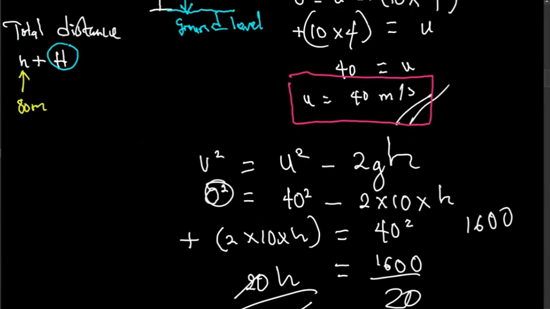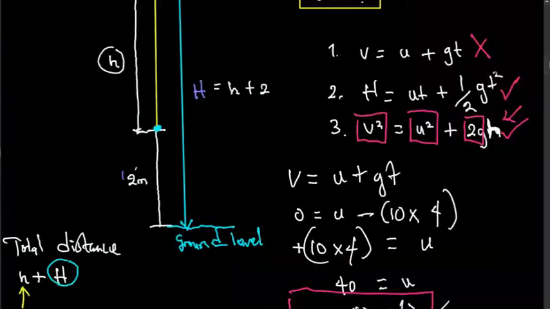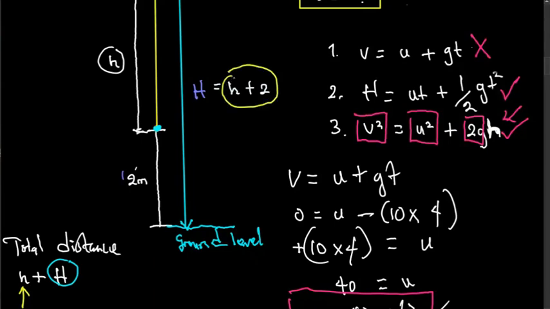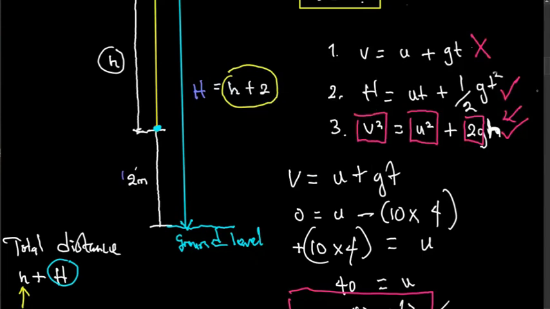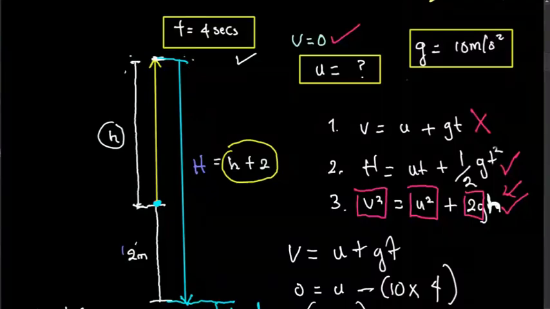What about capital letter H? Remember, the distance coming from this maximum height down to the ground level is what? H is equal to 80 plus 2 meters. 80 plus 2.